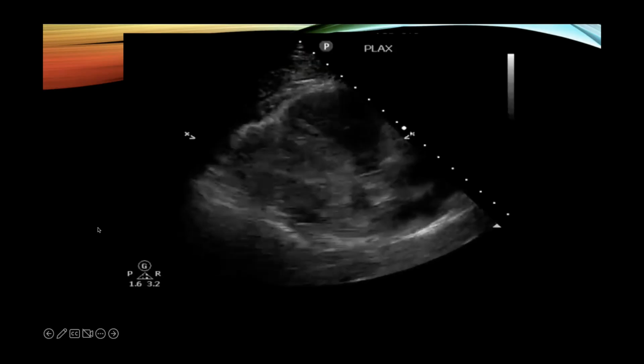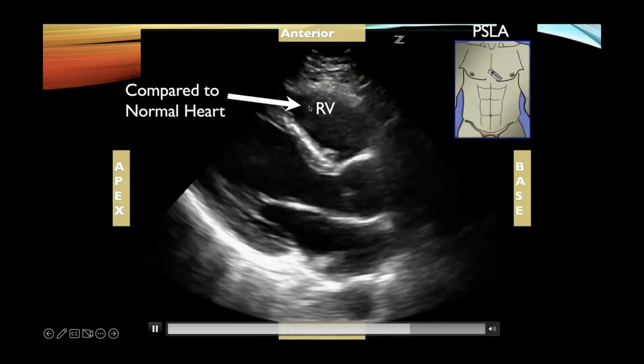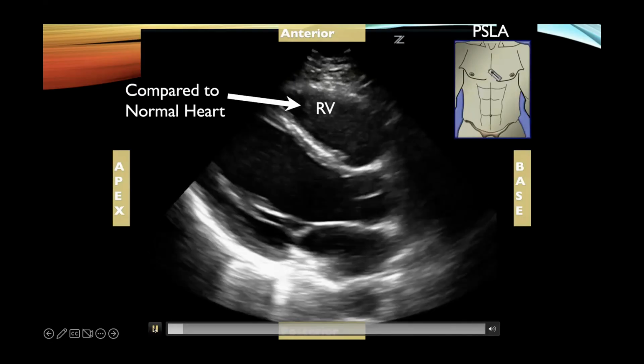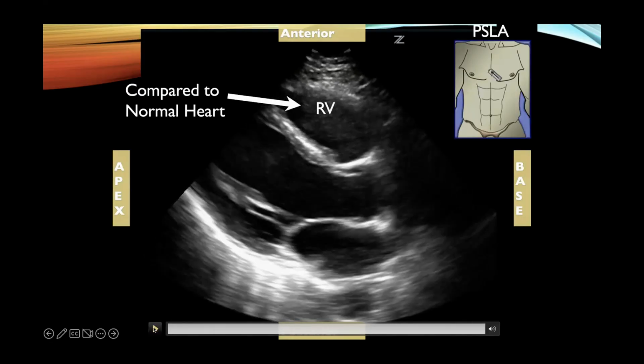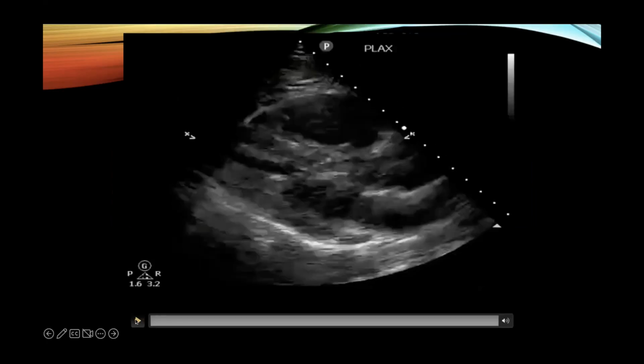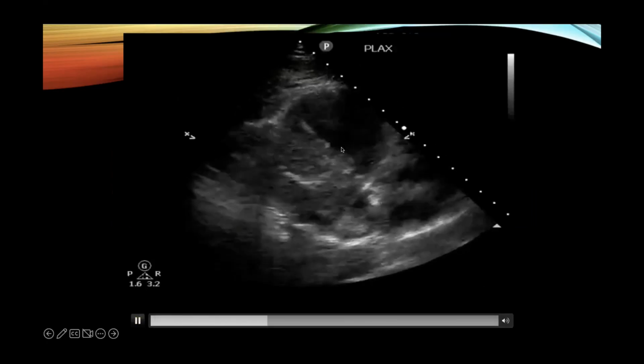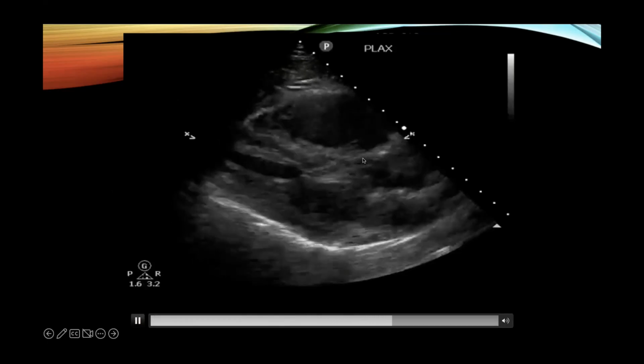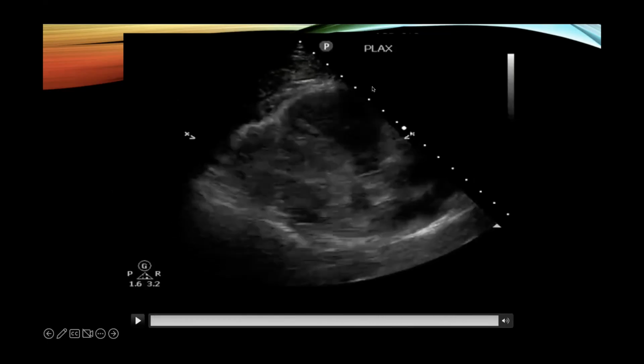So here, this is a normal heart. And if you see that right ventricular outflow tract, it looks smaller in relation to, let me go back again, this one, which looks pretty much as big as the whole left ventricle if you think about comparing the two. And so that's pretty dilated.